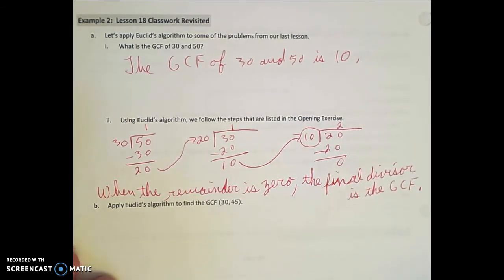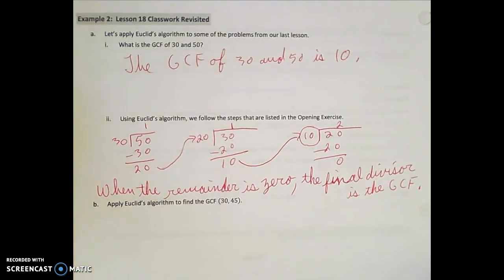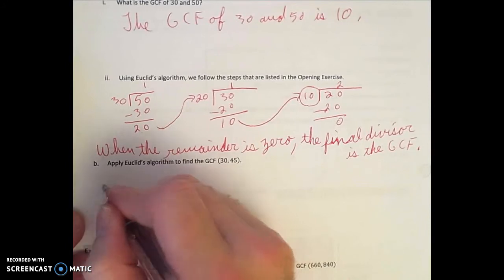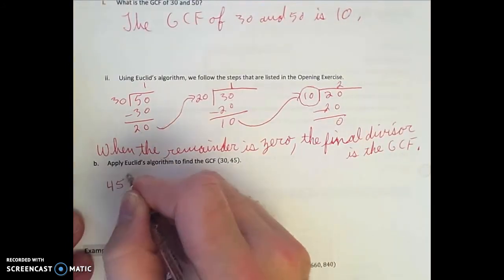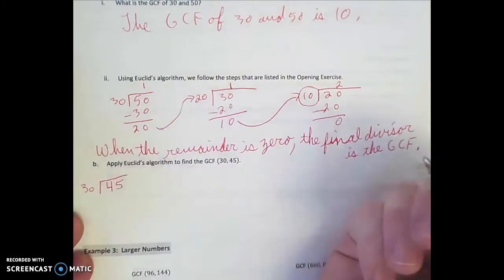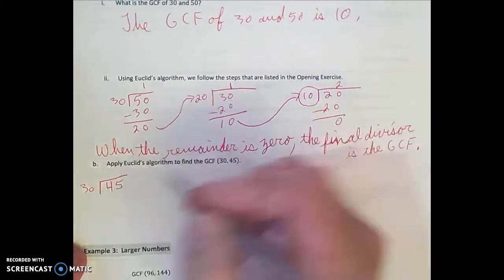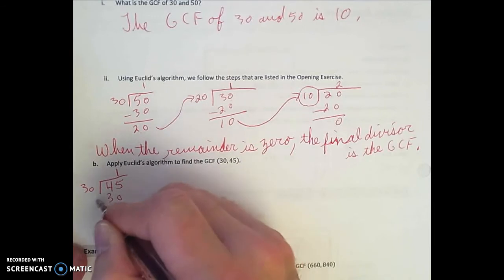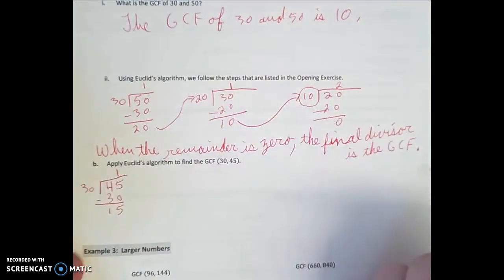Now let's take a look at applying Euclid's algorithm to find the GCF of 30 and 45. So let's try another one. Again, we look at dividing the larger by the smaller. So again, we see that 45 divided by 30 is 1. We're left with a remainder of 15.